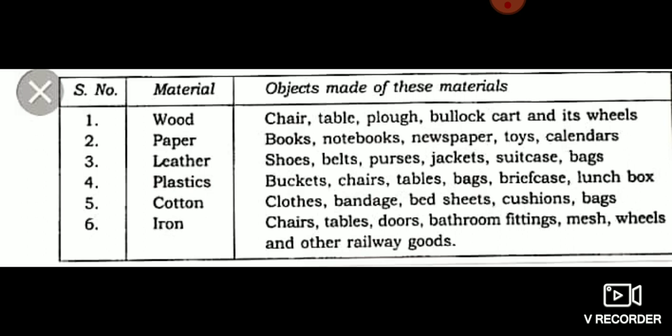Examples: plastic, glass, nylon, steel, etc. Therefore, a material is a substance which is used in making different objects. Object is anything which we can see and touch.